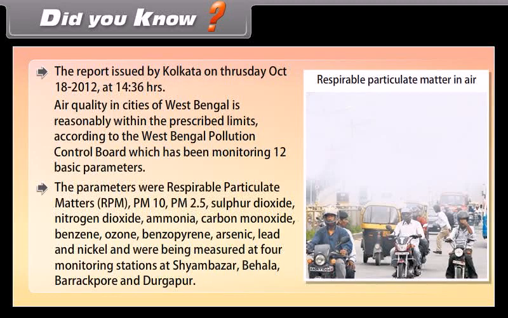The parameters were respirable particulate matter RPM, PM10, PM2.5, sulfur dioxide, nitrogen dioxide, ammonia, carbon monoxide, benzene, ozone, benzopyrene, arsenic, lead and nickel, and were being measured at 4 monitoring stations at Sham Bazar, Behala, Barrackpore, and Durgapur.